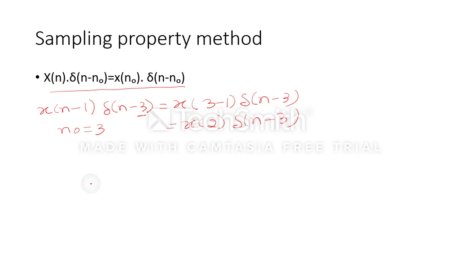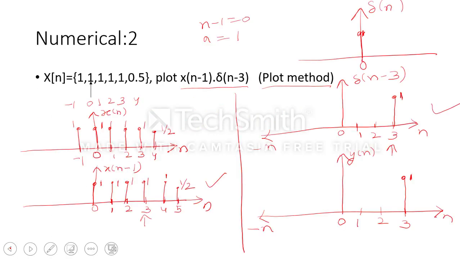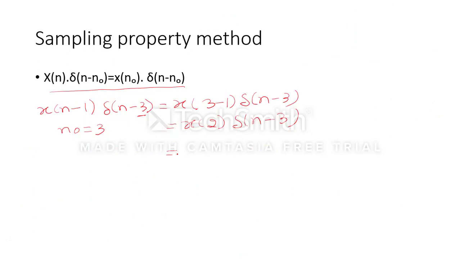So if we see, at x 2 the sample value 1 is present. So 1 multiplied by delta n minus 3. We have already seen how delta n minus 3 looked. At the 3 position, a value of 1 is present only, and the other samples are 0.